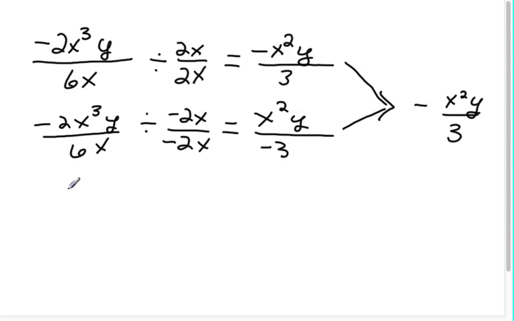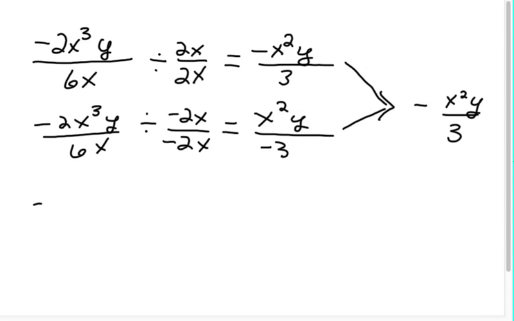All right, so let's do it the other way. So I could say the negative 2x cubed y, I'm going to want to take that negative number out. This is a little bit of a trick that will help you do this the other way.